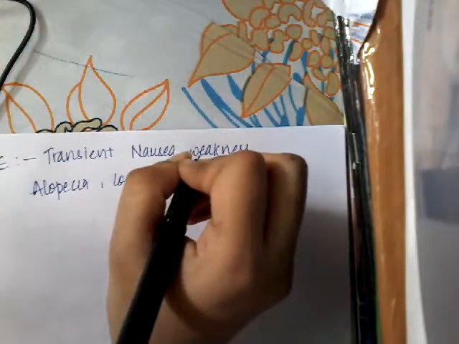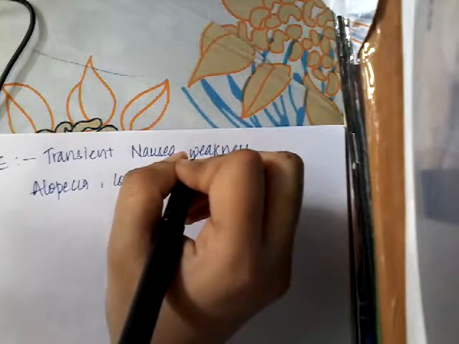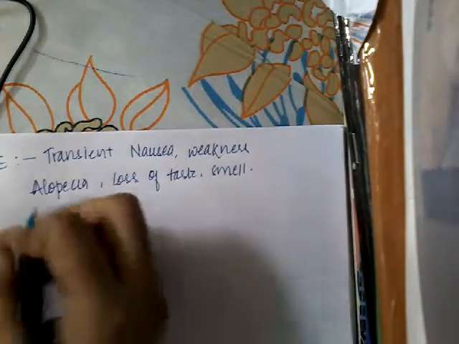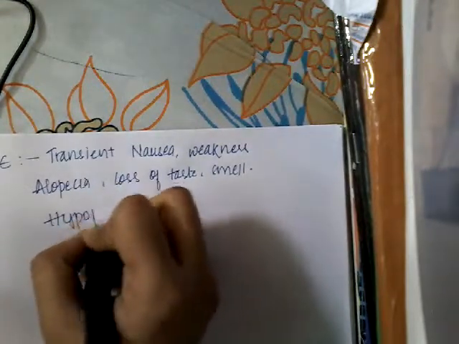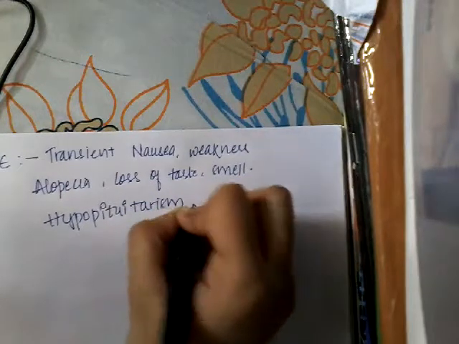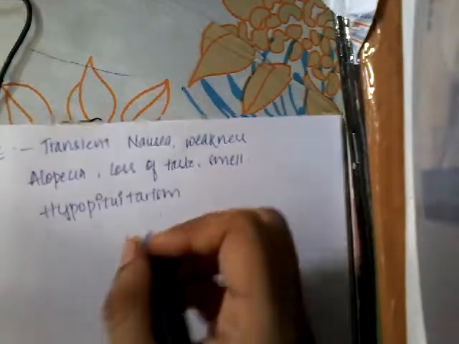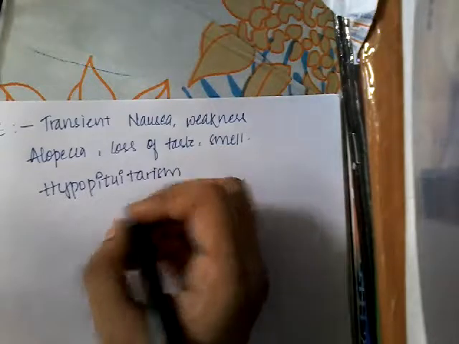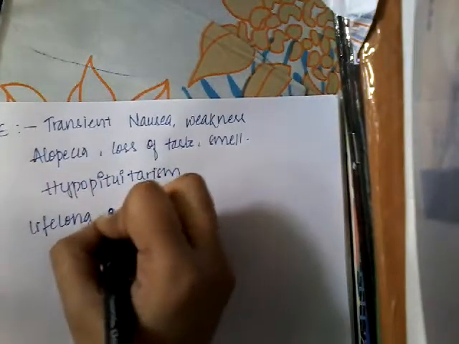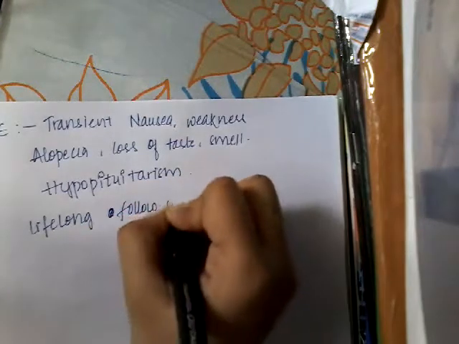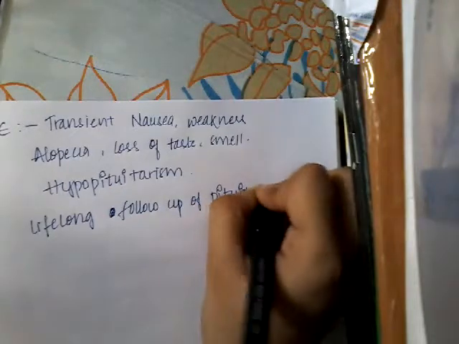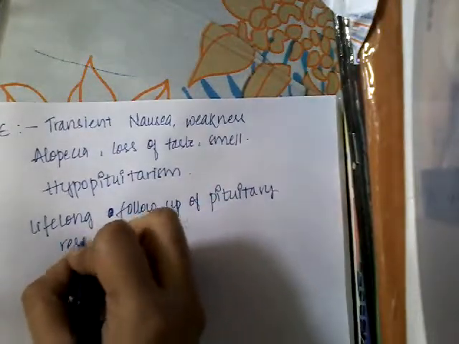The pituitary hormones cannot be synthesized in most of the cases after irradiation. So there can be hypopituitarism, either complete or partial. Then a lifelong follow-up of the pituitary hormone reserve should be done because of the danger of hypopituitarism.